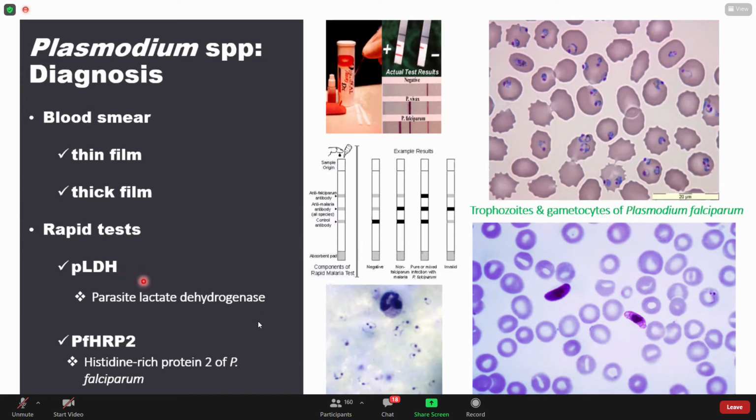It's an enzyme that is common to all Plasmodium species. With P. falciparum, we have what we call the histidine-rich protein 2. It is highly associated with P. falciparum. So what you have here is a strip that contains these antigens, and you have a control antibody.